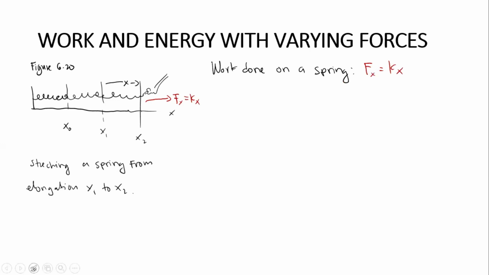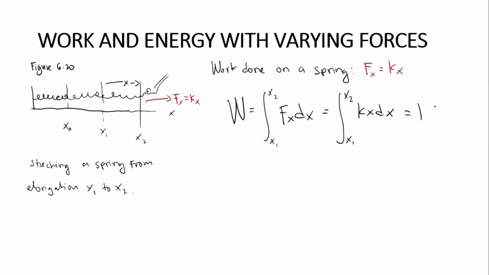If you apply what we have learned, the work done in this particular case is equal to the integral from the initial position to the final position of F of x dx, where this is the integral from x1 to x2 of kx dx.